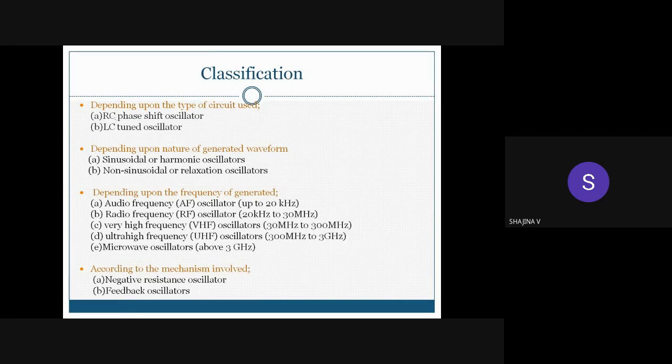So if it consists of resistor and capacitor elements R and C, we can say it is RC phase shift oscillators. Simply RC phase shift oscillators or RC oscillators. Okay, and if you are using capacitors and inductors, reactive elements only, that is called LC tuned oscillators.